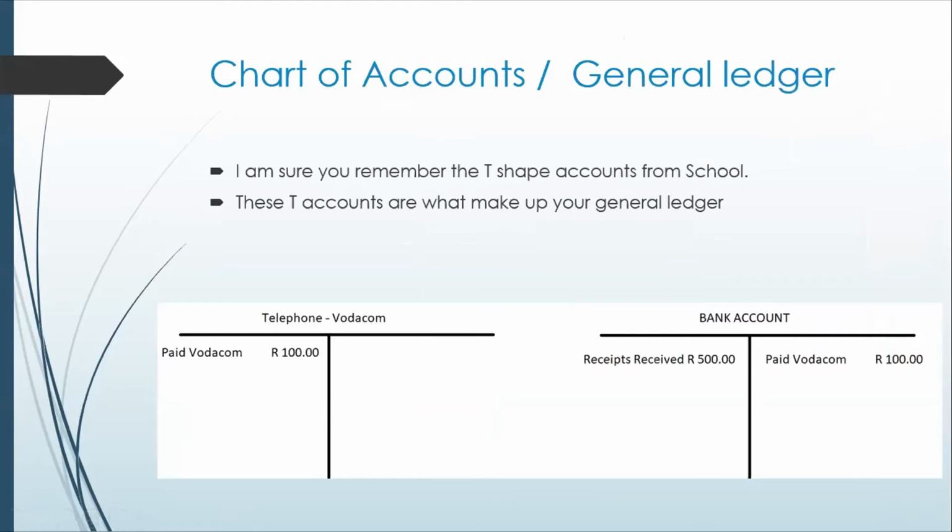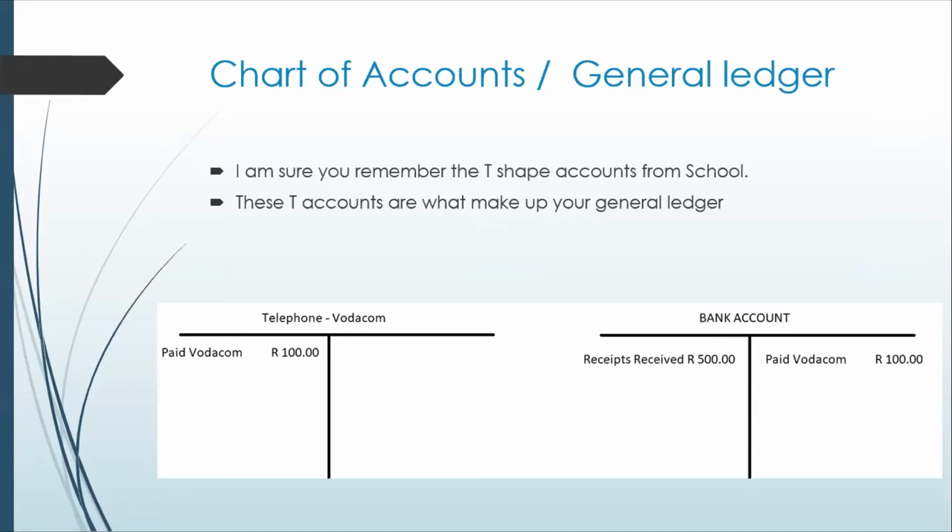Right, your chart of accounts or your general ledger. I'm sure a lot of you remember these T accounts from school. T accounts is what your general ledger is all about. So we use the same accounting principles as the school T accounts.